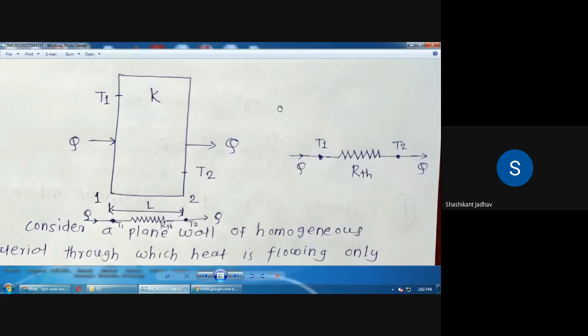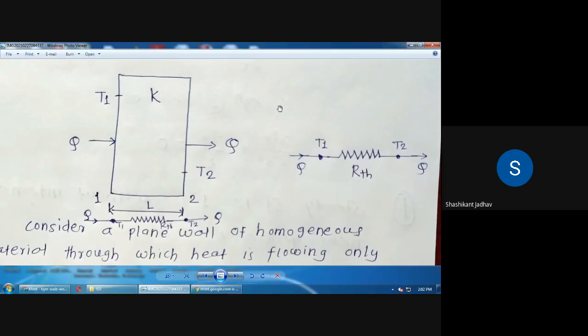So we have to draw a similar diagram in the form of an electrical system. Below this diagram we draw the diagram for the electrical system. In the electrical system, we dot 2 points, point 1 and point 2. At point 1 the temperature is T1.